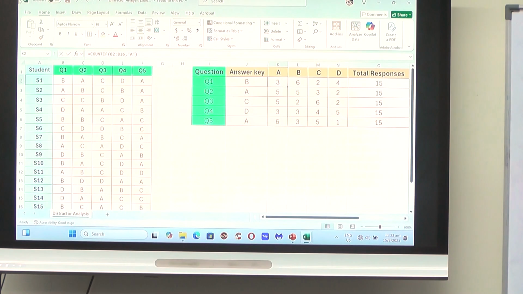I put out COUNTIF, brackets. I will have a range B2 to B16, comma.